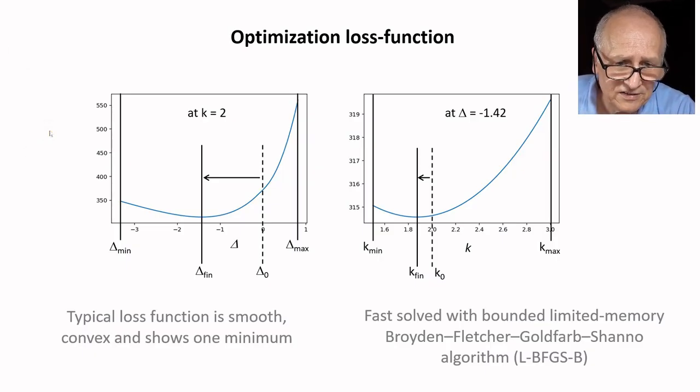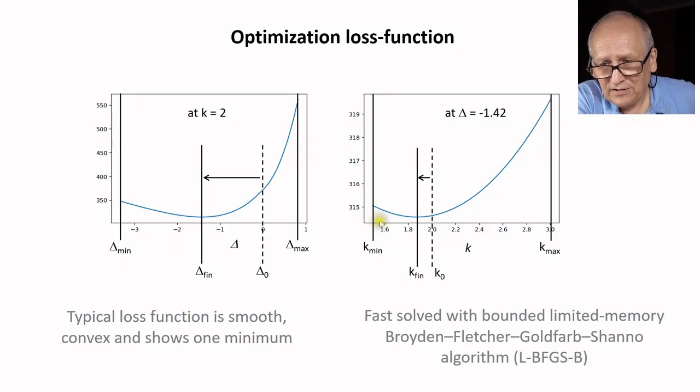We actually constrain the fitting parameters within a very narrow range. And within this narrow range, we always have only one minimum. And also you can see that the loss function is convex relative to these fitting parameters, and that means that we can employ very efficient searching algorithms which converge quite quickly.